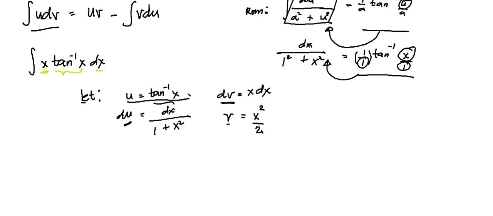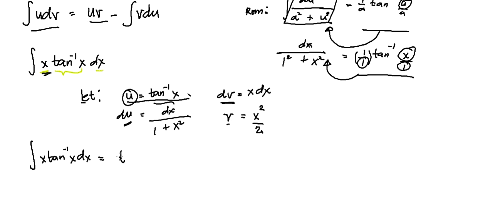Right after we determine the values of u and dv and take the derivative and the integral, we can now apply them in our main solution. We say that the integral of x arctan x dx is equal to uv. What is our u?